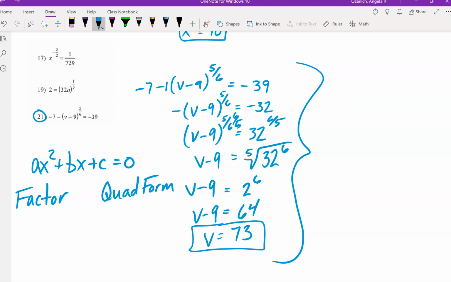And then also, please remember that we're always checking our solutions. So once you are solving, and if you've squared both sides of an equation, you want to check your solutions and make sure that they work back in your original equation, guys.